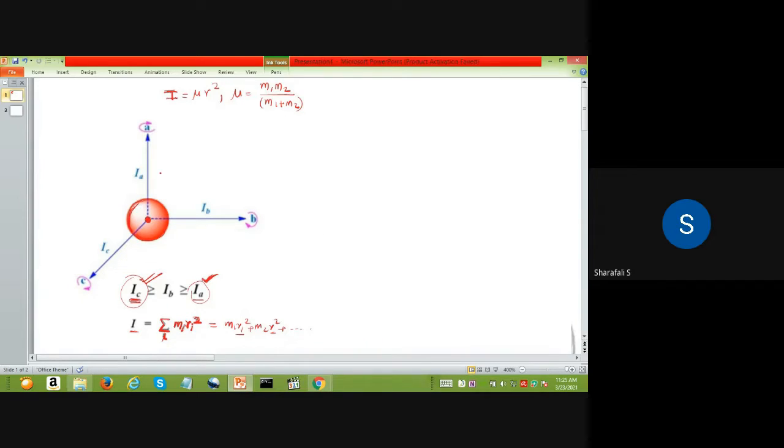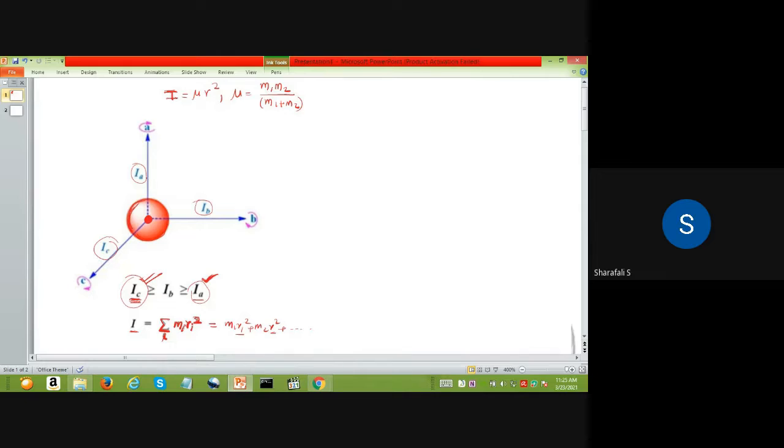So this is just a representation of those moments of inertia. If you consider any molecule, consider the center of mass, and draw these three perpendicular axes A, B, C. Correspondingly, we have different moments of inertia IA, IB, and IC. These will be different for different molecules depending on the number of atoms in that particular molecule and the rotation.